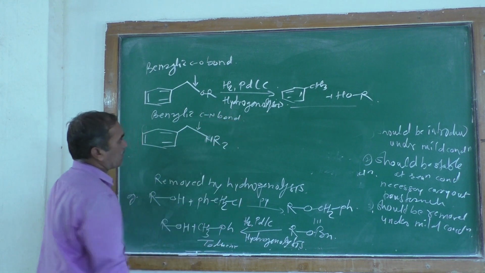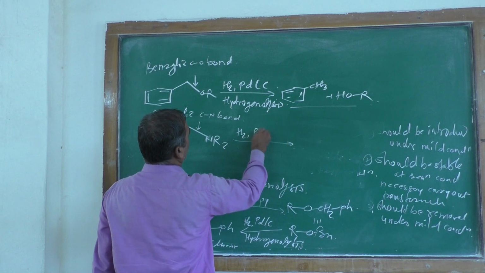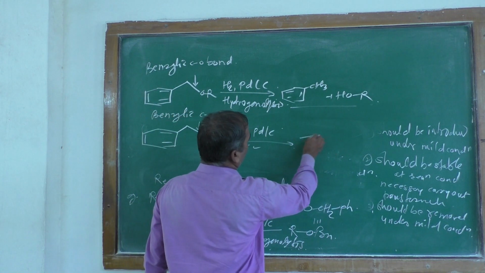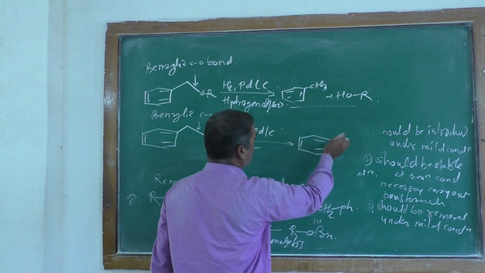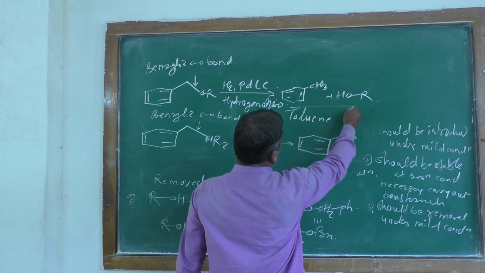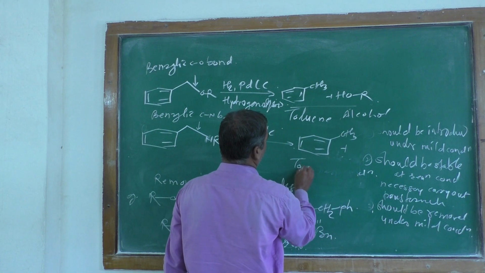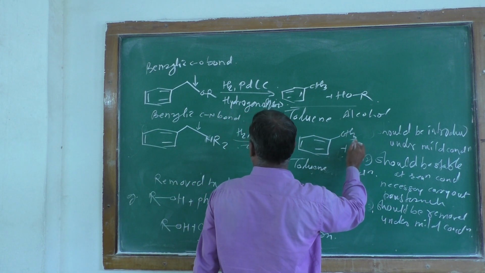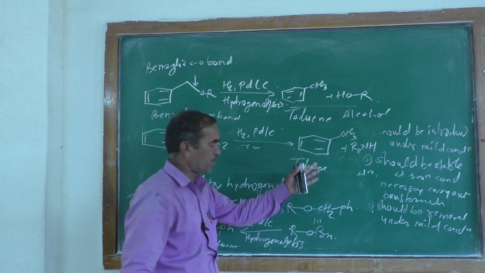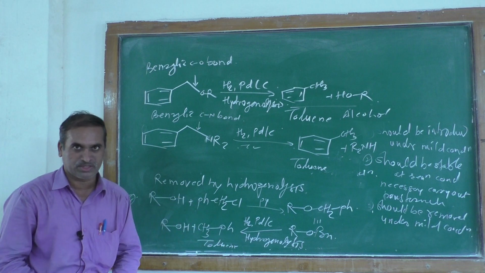This is going to cleave with H2, then palladium in presence of charcoal. This process is known as hydrogenolysis, and the product formed, the side product, is toluene. And here we are going to get toluene again as a side product, and then R2NH, a secondary amine. So this is known as hydrogenolysis.